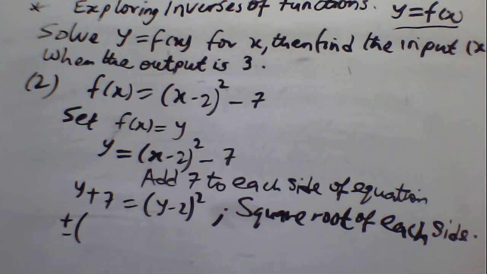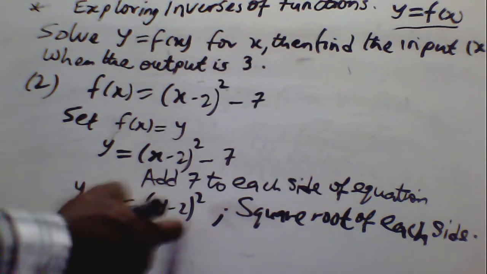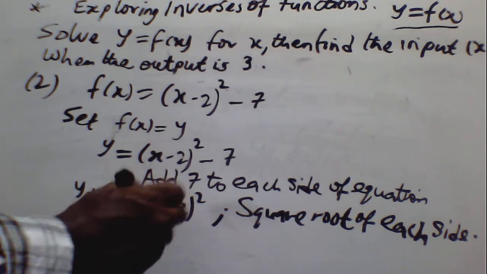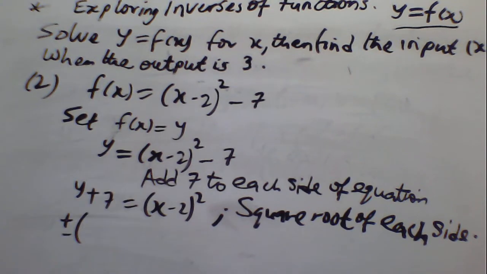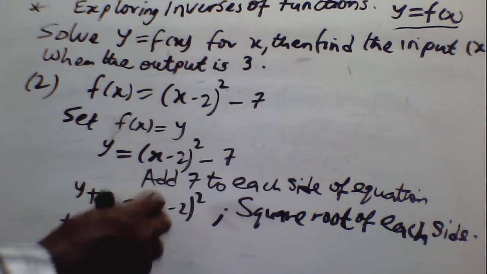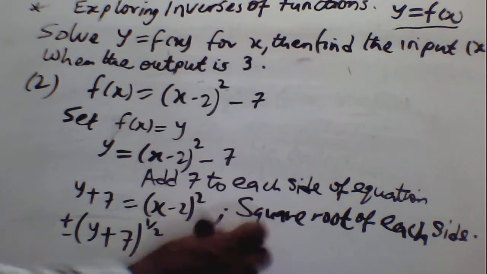Remember when we treated radical and rational functions, the square root method. So we have plus or minus, and each of these will satisfy the value of y. So we have y plus 7 raised to power half, and this will give us x minus 2.